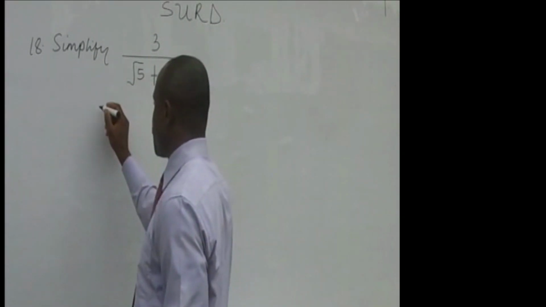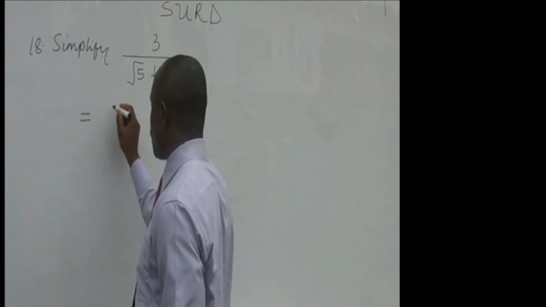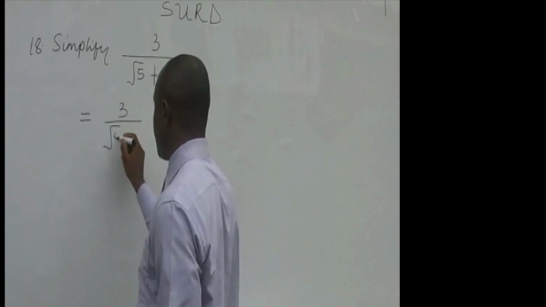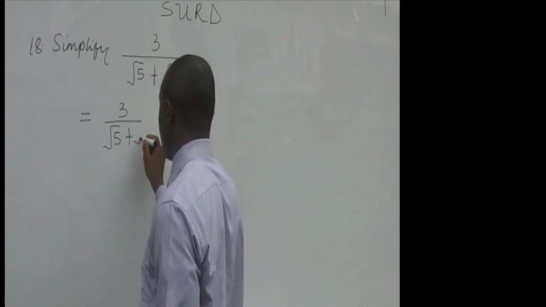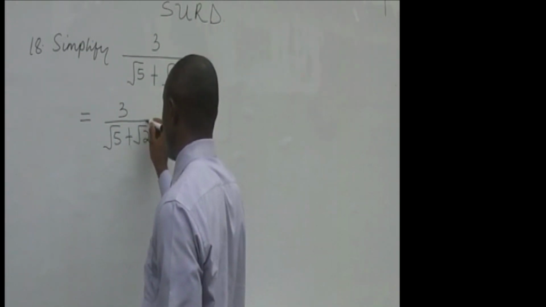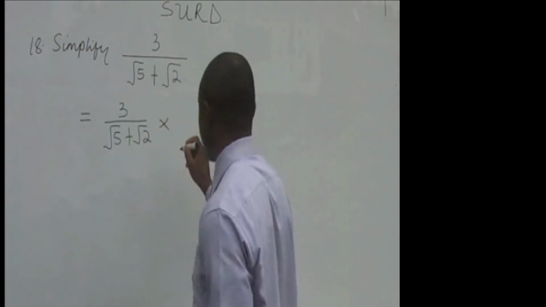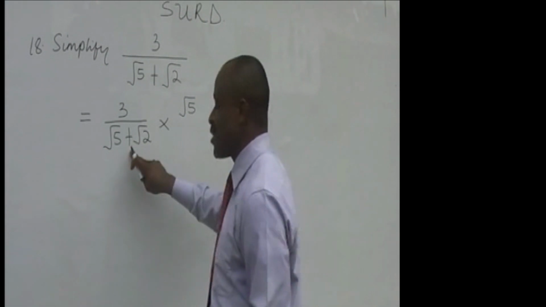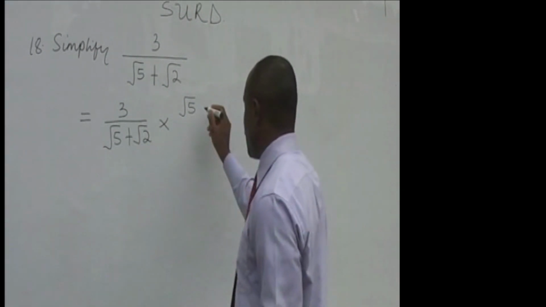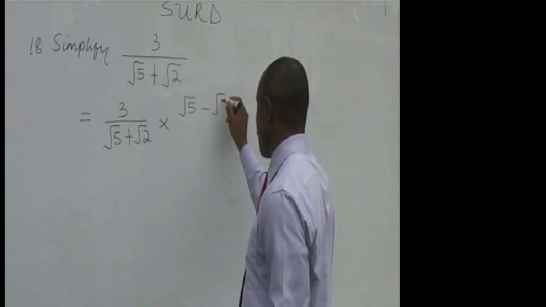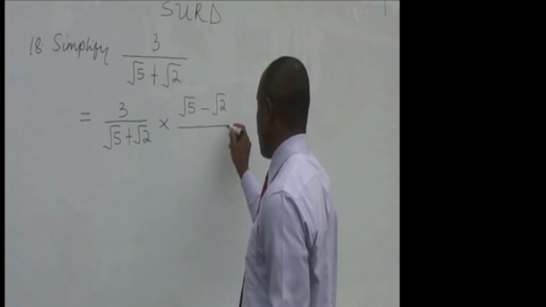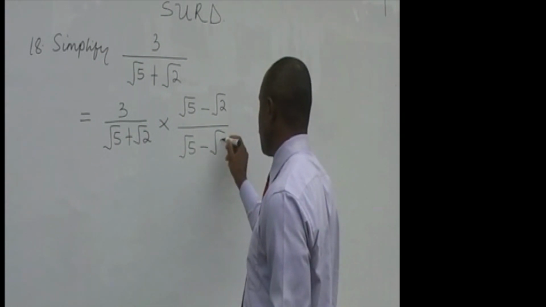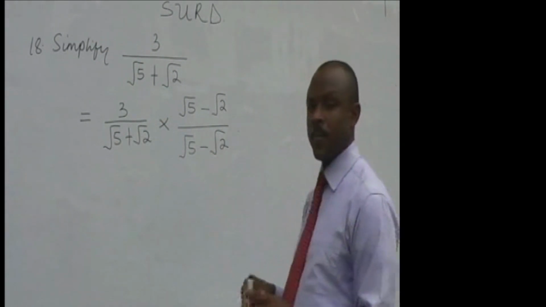What this will give you is going to be equal to 3 all over root 5 plus root 2 times root 5 minus root 2 all over the same thing, root 5 minus root 2.